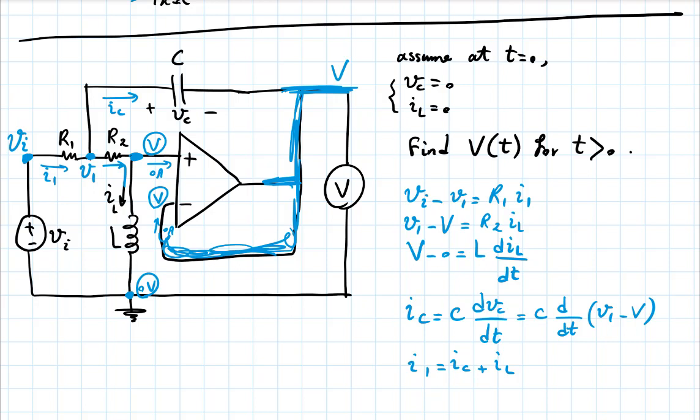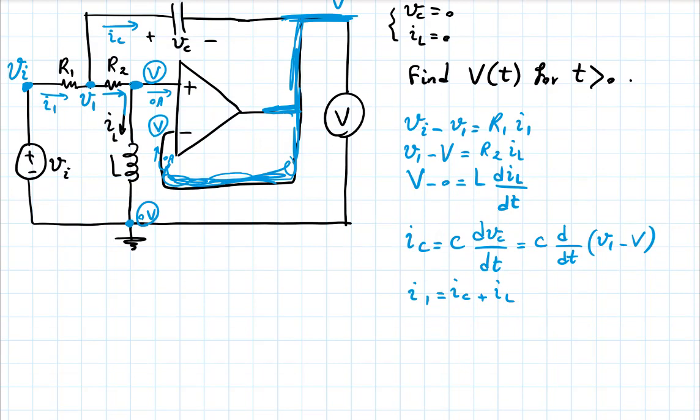If you combine these, and I don't know if that's a very good use of time here, but I've tested this problem, you should get a second order differential equation for V. So just go as a practice. The rest is no different from examples we've done in the past of second order circuits. Okay, assuming that I designed this properly and I did things correctly. So you guys can go verify.